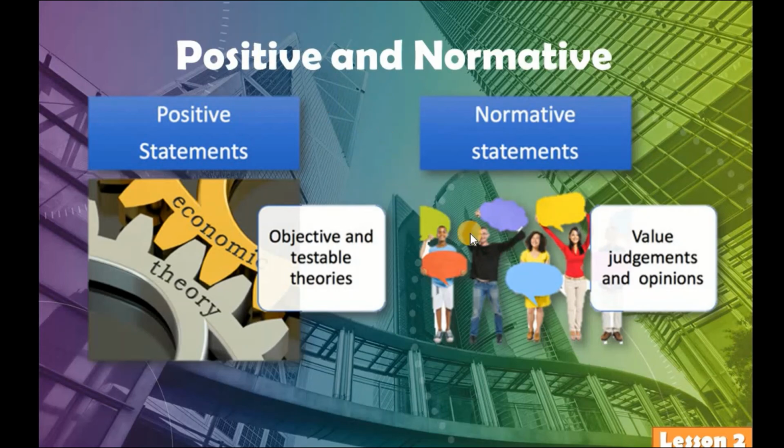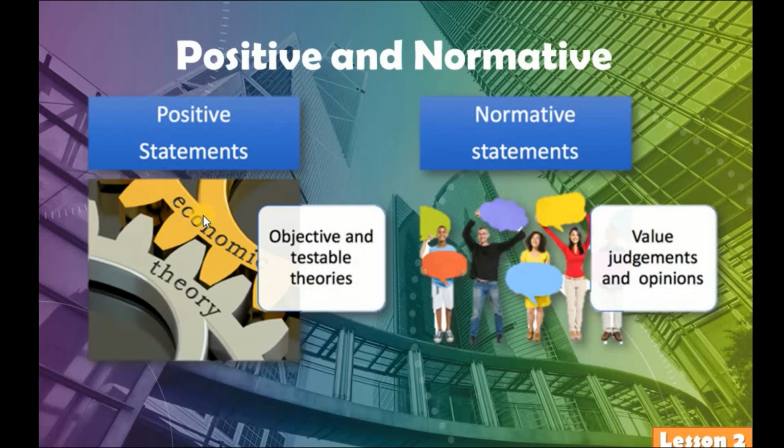However, when we talk about normative, let's talk about description, judgment, and also opinion. So, we cannot test them since we cannot prove opinion with true or false. They are opinion based on one value. So, like for example, economists can analyze a proposed subway system in a certain city. So, if expected benefits exceed the cost, you conclude that project is worth it. So, that is the example of positive statement.